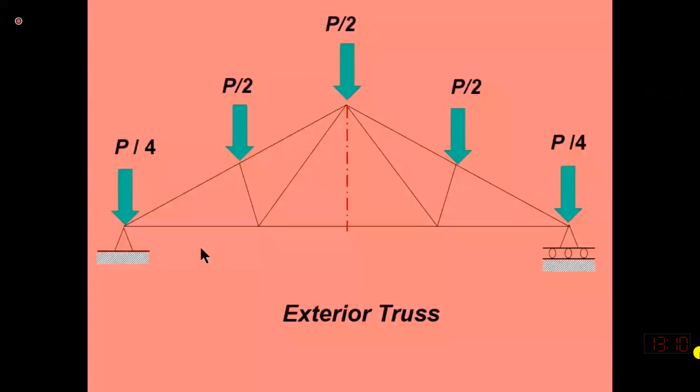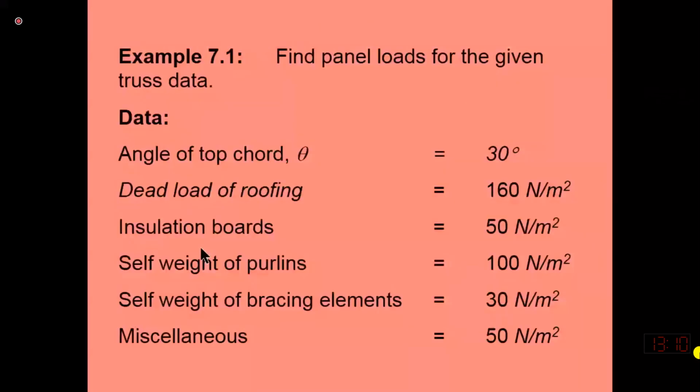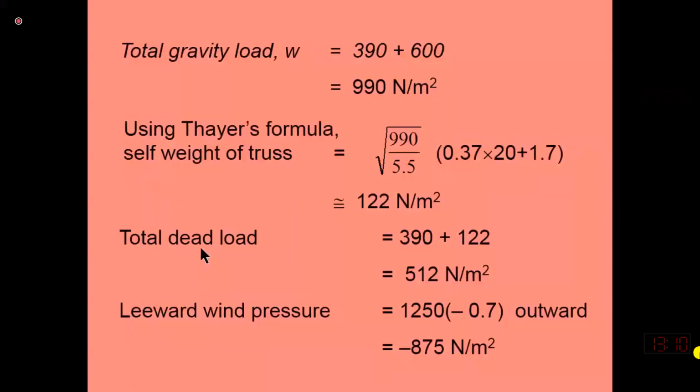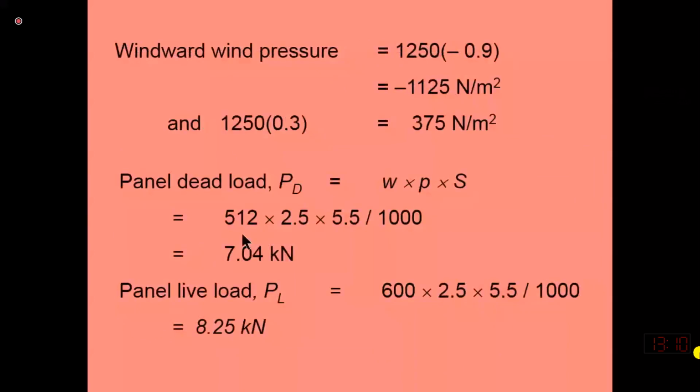These are the brief overview of what loads we have considered. Then we considered the self weight of the truss by the Thai formula. We computed the dead panel load, which is the distributed dead load multiplied by panel length into spacing of truss. Then we computed the panel live load by multiplying the snow load with panel length and spacing of truss.